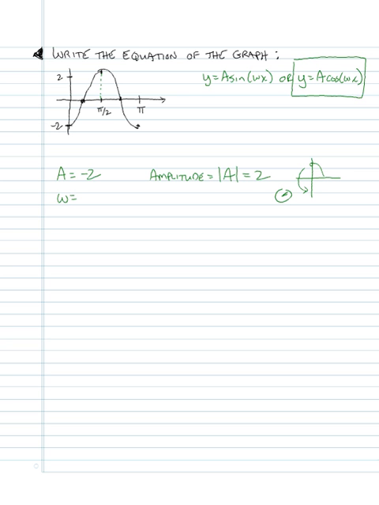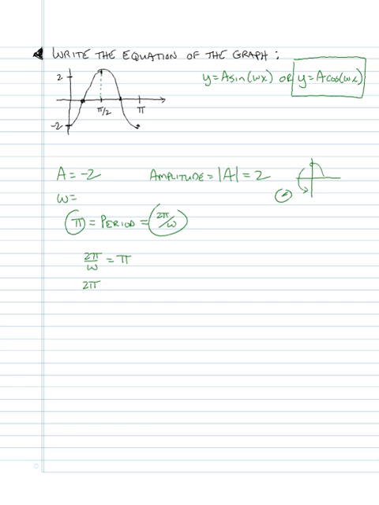Now, omega is the same kind of problem we had before. We know, by looking at the graph, that the period is pi. On the other hand, we know we calculate the period by taking 2 pi and dividing by omega. It's those two pieces of information that will allow us to decide what omega is. We have 2 pi over omega is equal to pi. So we multiply both sides by omega, and we get 2 pi is equal to pi times omega.